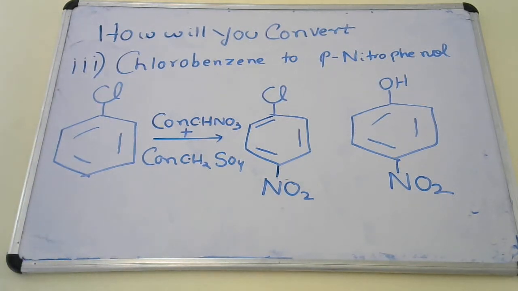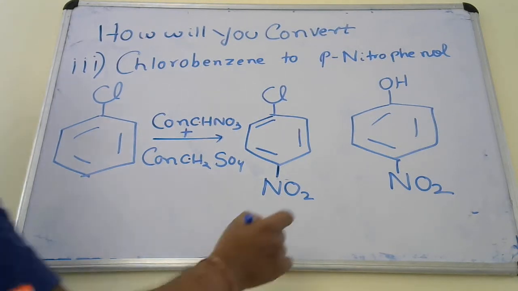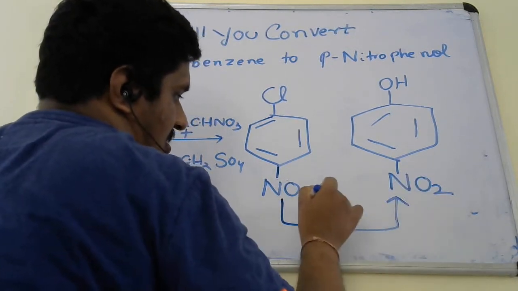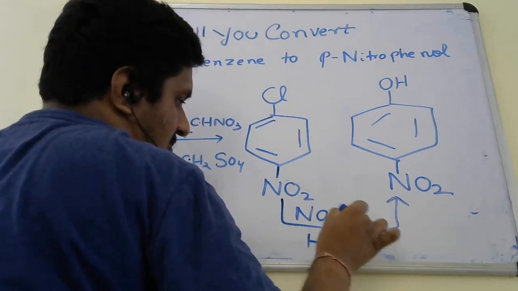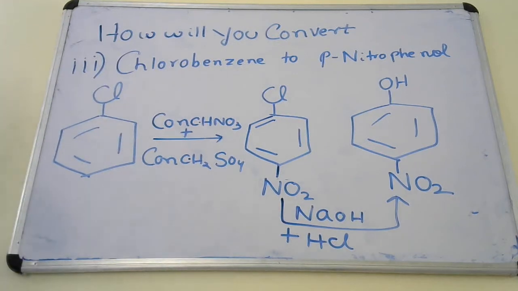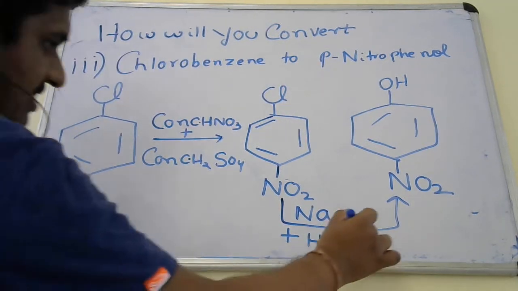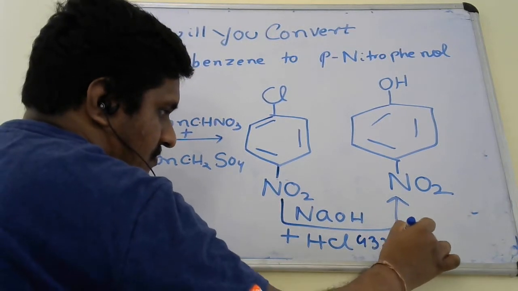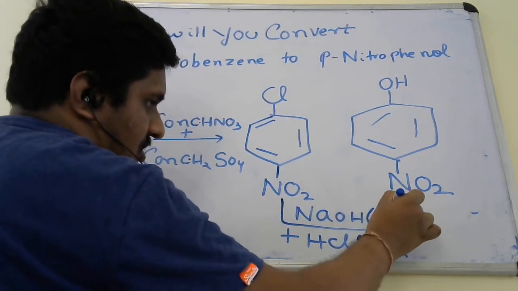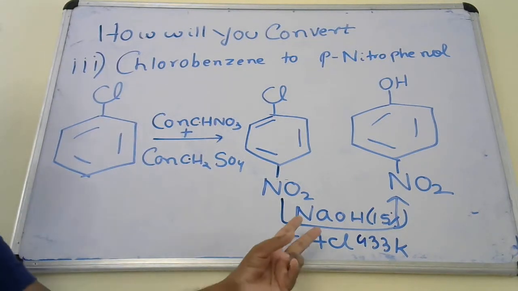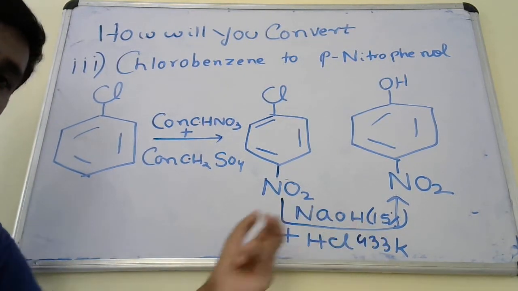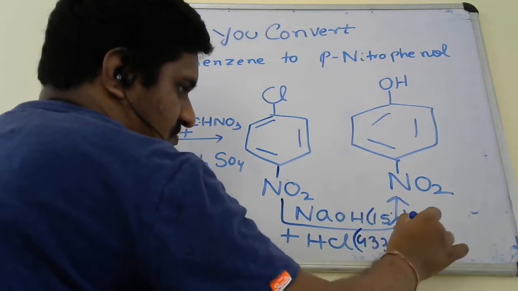Now how to convert this into nitrophenol? Very simple. You give 15% NaOH plus dilute HCl at 433 Kelvin temperature.